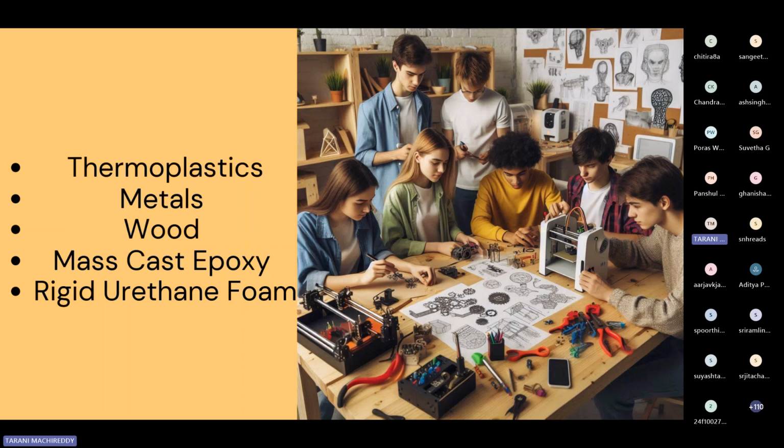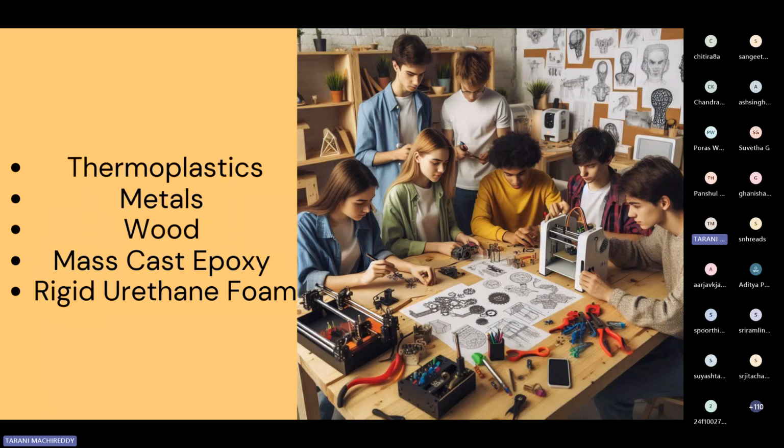It is a thermosetting polymer. Mass cast epoxy is a thermosetting polymer which is poured into a cast and then left to be hardened. It is a liquid, so we pour it into the shape we want, and then it becomes harder after drying.